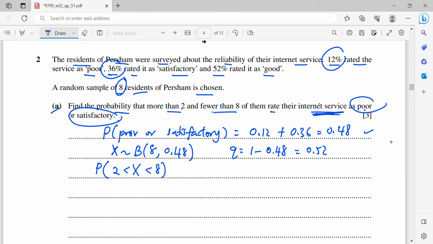So when X is between 2 and 8, the X values will be 3, 4, 5, 6, 7. So you may count using this way, or you use 1 minus the rest. Alright, so it's up to you. You have two choices. So I will count using this way.